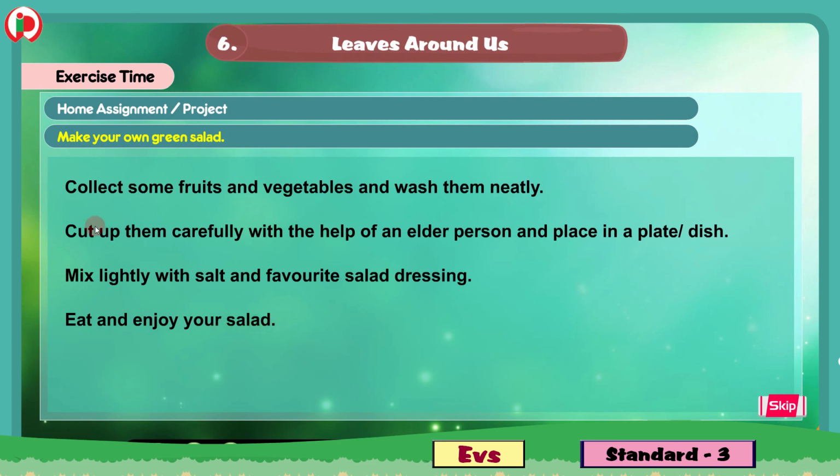So children, here are the steps given to make a green salad. First, you have to collect some fruits and vegetables, then wash them neatly. Now you have to cut the fruits and vegetables carefully with the help of an elder person like your father or mother, and place these cut fruits and vegetables in a plate or a dish.